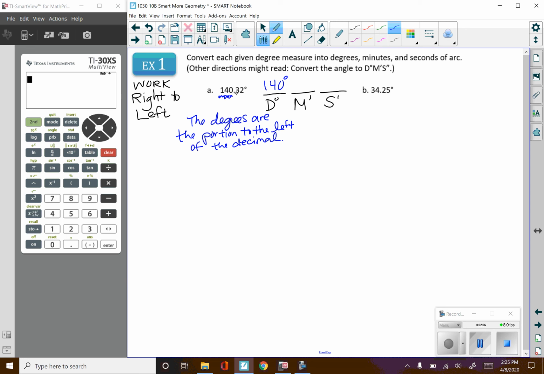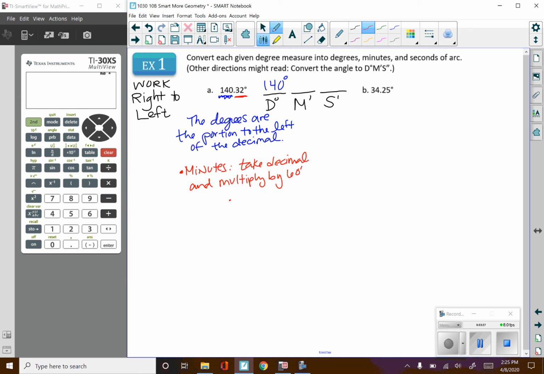Now we have to work with the decimal part, 0.32 degrees. To get the minutes, you take that decimal and multiply it by 60, because there are 60 minutes in each degree.